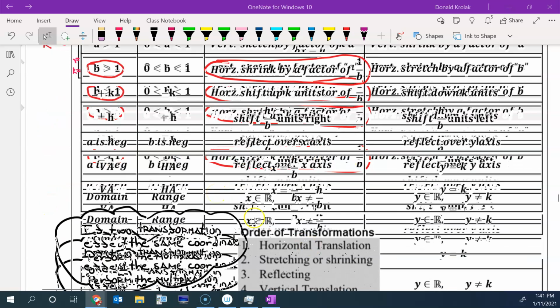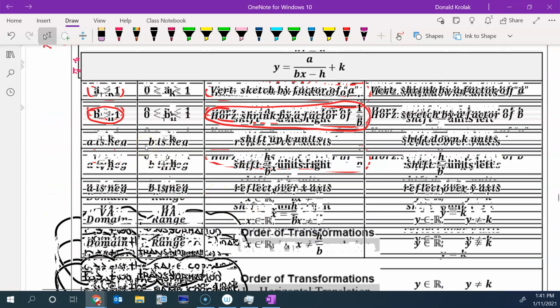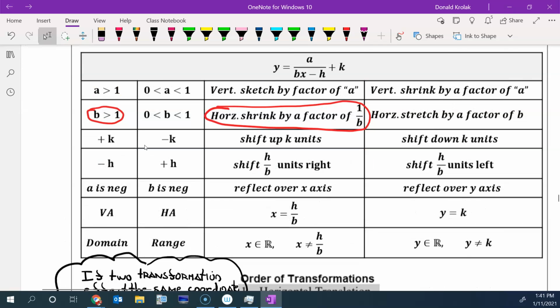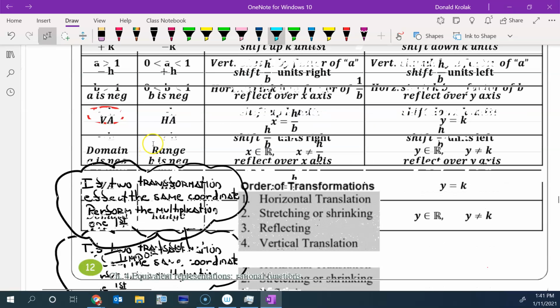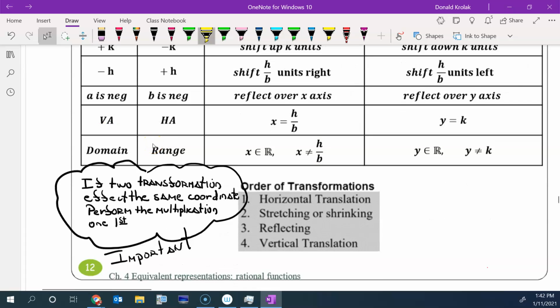Now we graph them. Okay, something that I want you to write out on this page here and then highlight is this. This is how you know what you're doing. If two transformations affect the same coordinate, perform the multiplication one first.